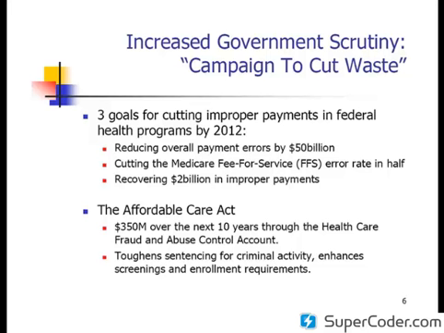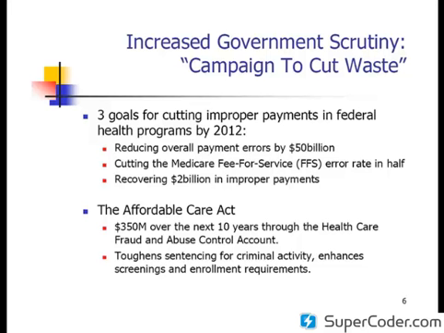Although this past year, back in June, HHS and CMS announced new technology to fight Medicare fraud and inappropriate payments. So this is going to enable the government the ability to collect and analyze more information than ever before. And this campaign to cut waste was announced by President Obama back in 2010.